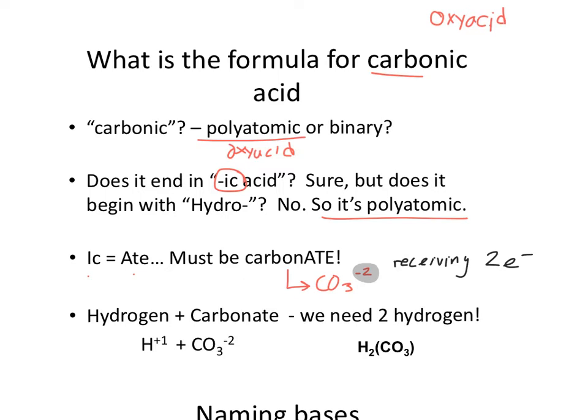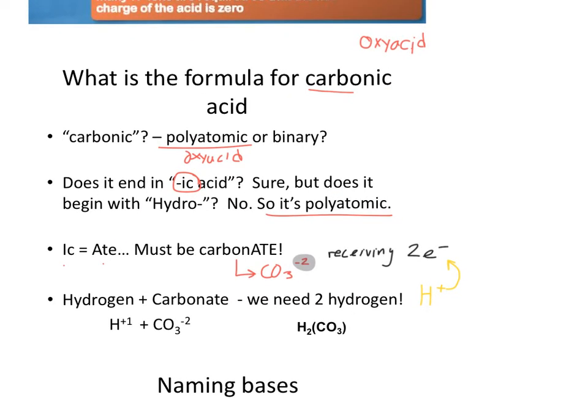And the answer to that is our protons, or our hydrogen ions. So it's going to be receiving 2 electrons, which means we need 2 protons because the hydrogen only has 1 to give away. So our formula becomes H2CO3. Basically, you have to balance out the number of hydrogens with the charge of our polyatomic ion.